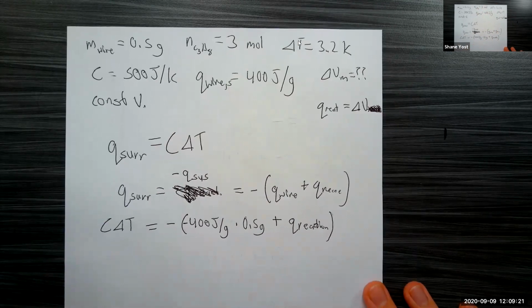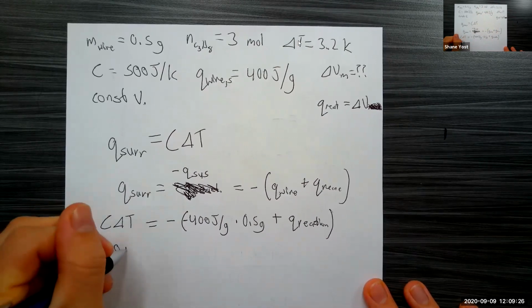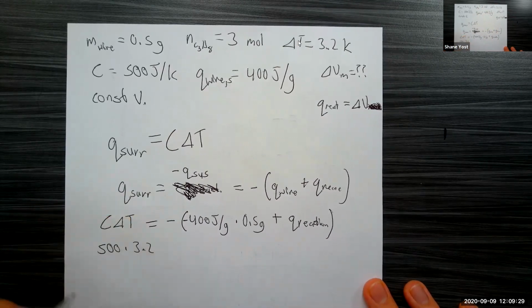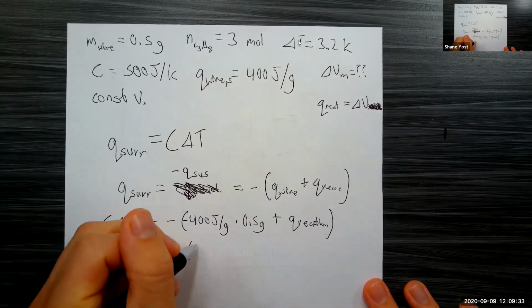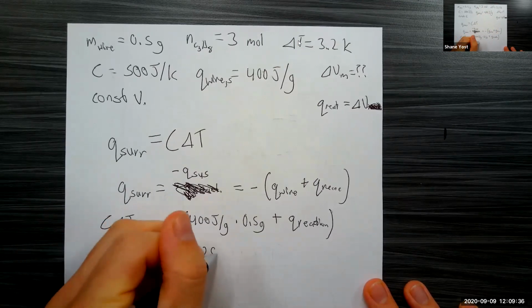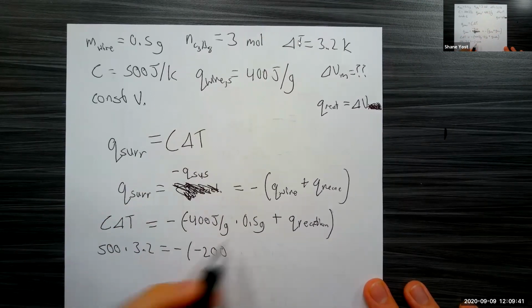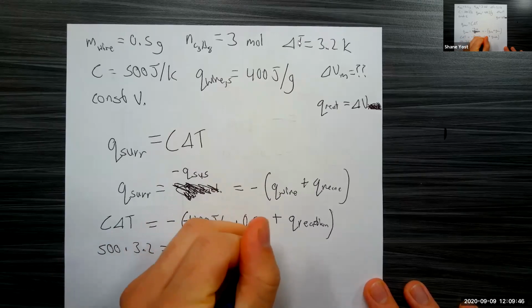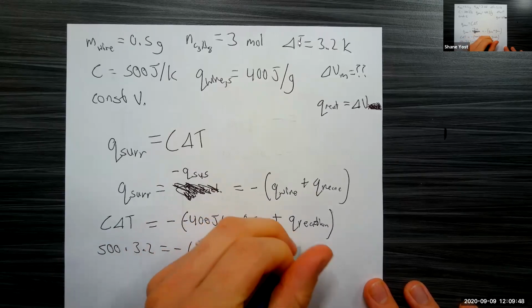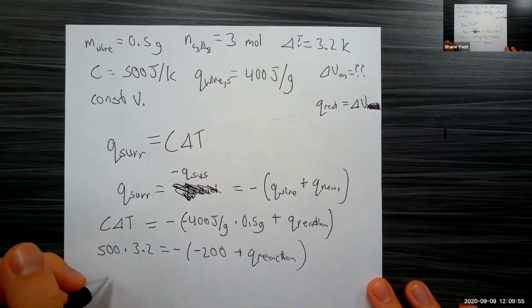So plugging in for these things, 500 times 3.2, and that's equal to minus, this is going to be negative 200, since 400 times 0.5 is 200, and then plus Q reaction. So multiply 500 by 3.2.